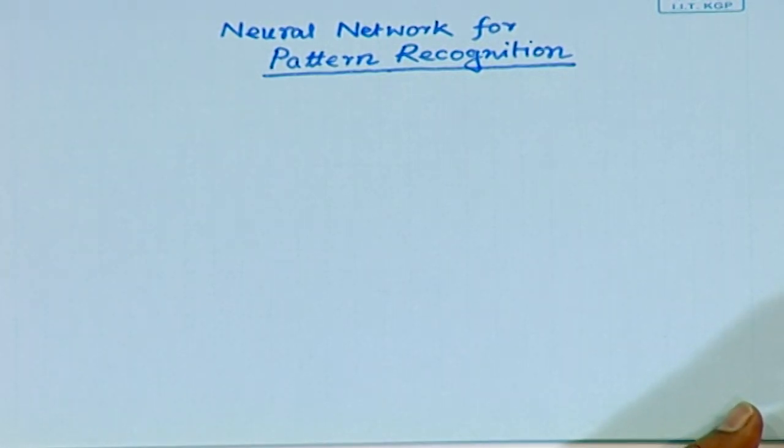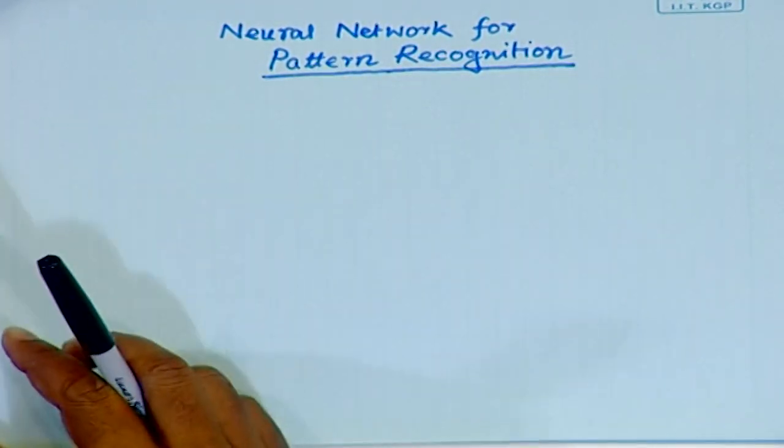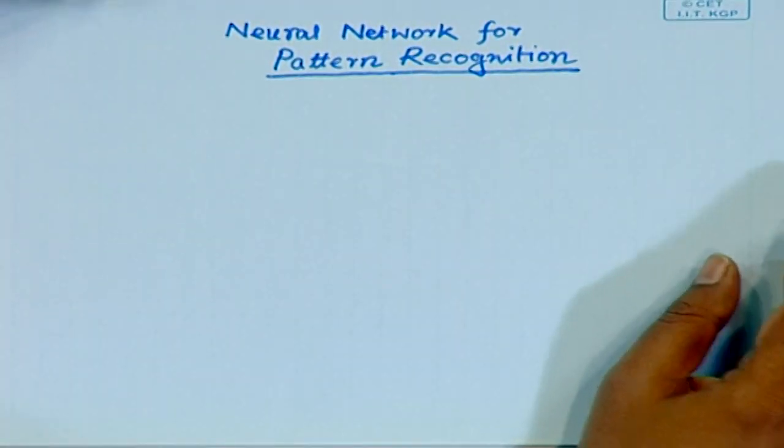A neural network is nothing but a computational model which tries to imitate the human brain. When we talk about our human brain or human nervous system, this actually consists of numerous nerve cells.